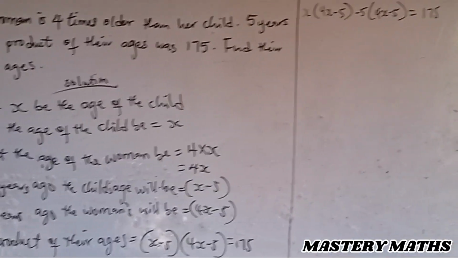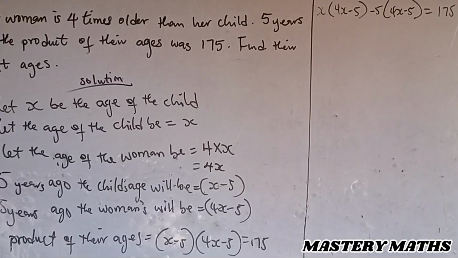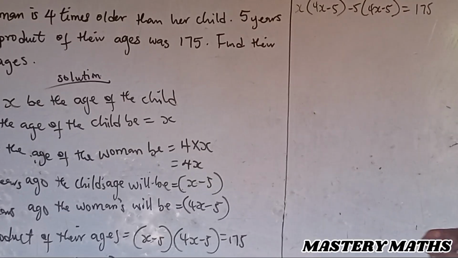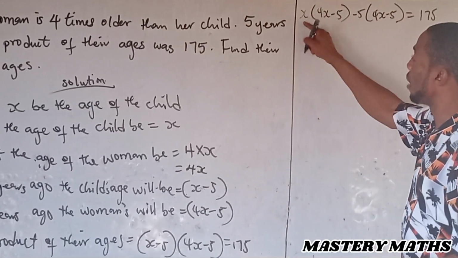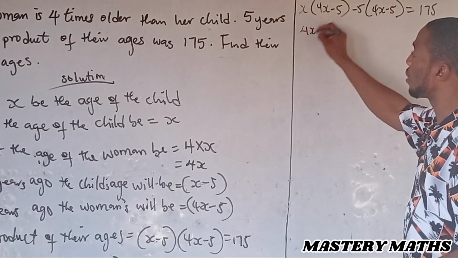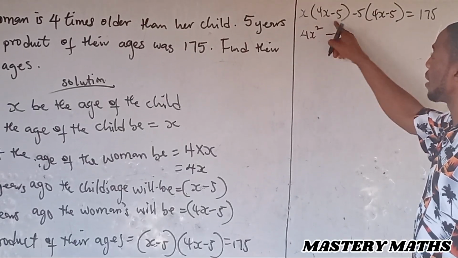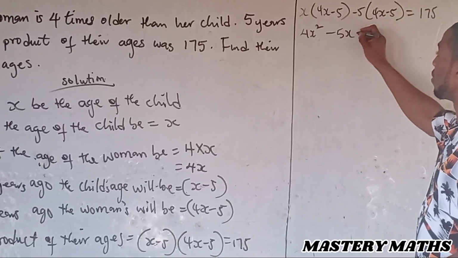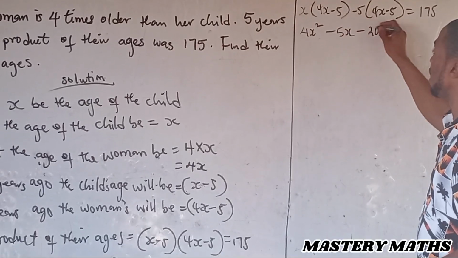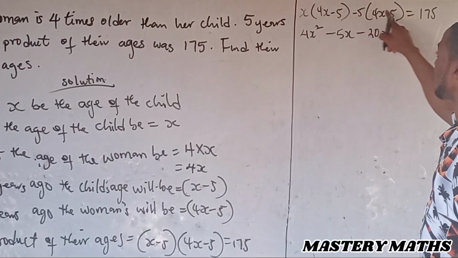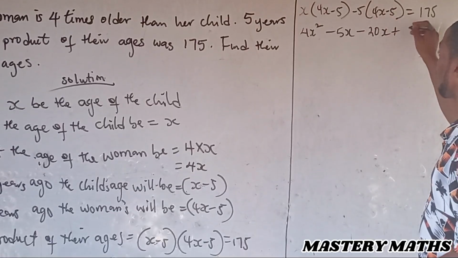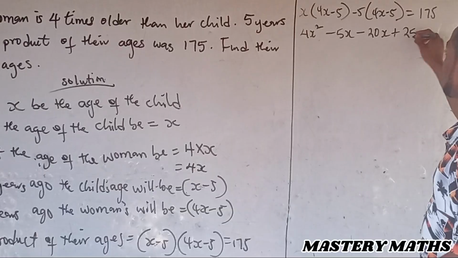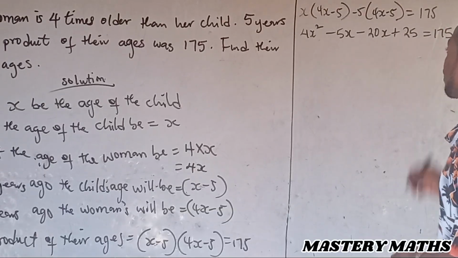Now, having done this, what should be the next thing? We need to open the bracket, using this to multiply everything here. So X times 4X gives 4X squared, minus X times 5 is 5X, minus 5 times 4X is 20X, minus times minus is plus, 5 times 5 is 25, equal to 175.